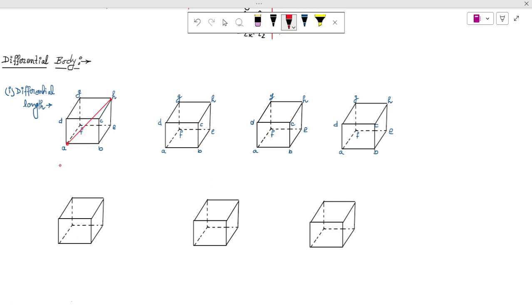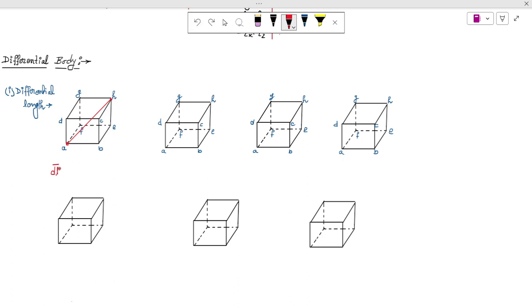So what will their expression be? dl, that is the value of the differential length.